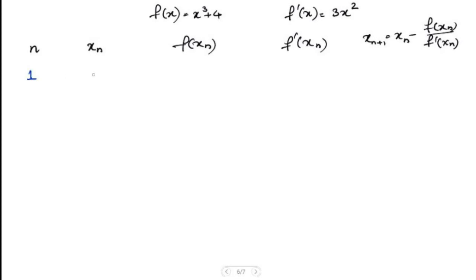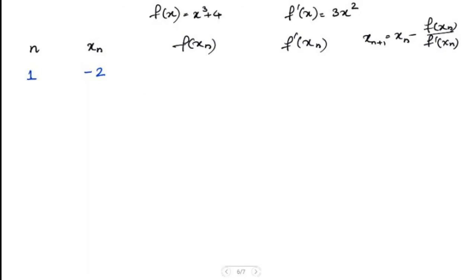So x1 here will be -2. If I wrote x0 there, then I would have to number n from 0. Because I numbered n from 1, I numbered the initial value as x1.